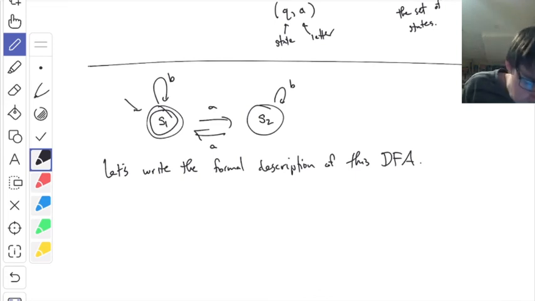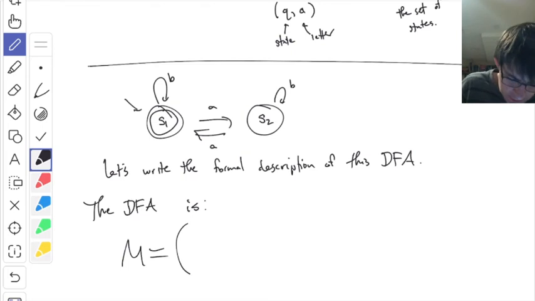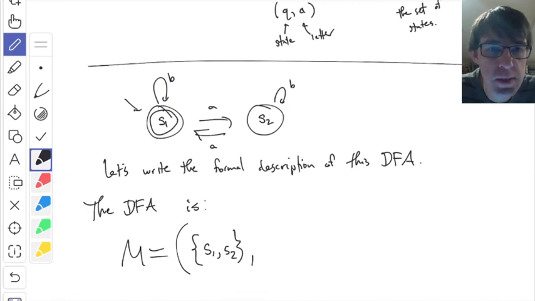Okay, anyway, this DFA is M equals, okay, I'm going to write the 5-tuple, and you have to write the things in the proper order. But the first thing is the set of states, and in this example, the set of states is S1, comma S2. Right? So that's the first part of the tuple.